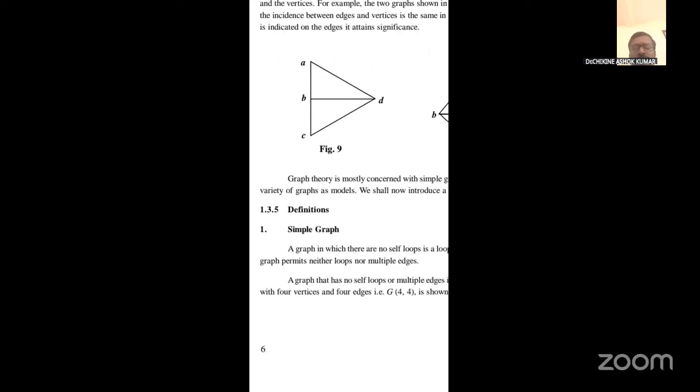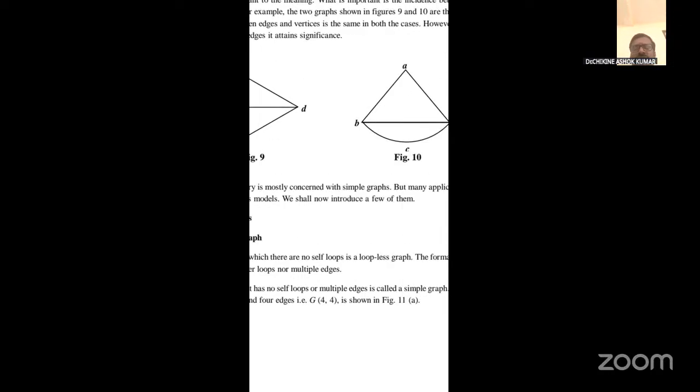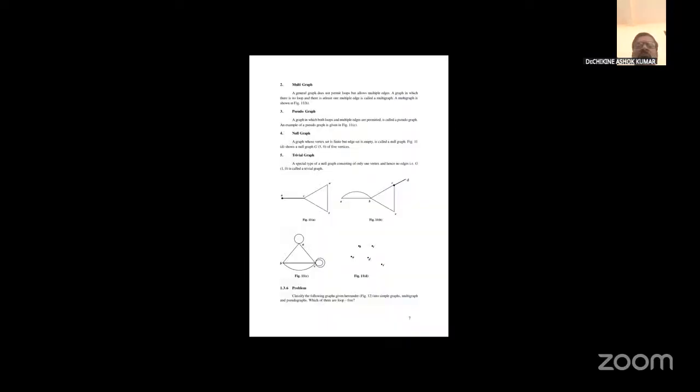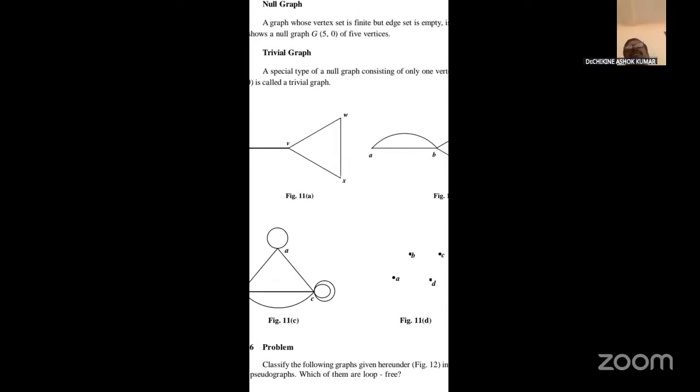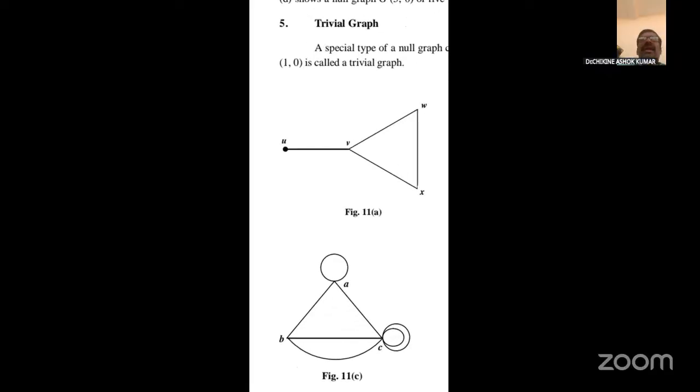A simple graph with 4 vertices and 4 edges is shown in figure 11a. This is a simple graph. Why? Because there are no loops. In total, how many vertices do we have?